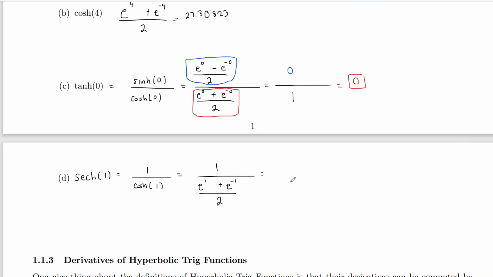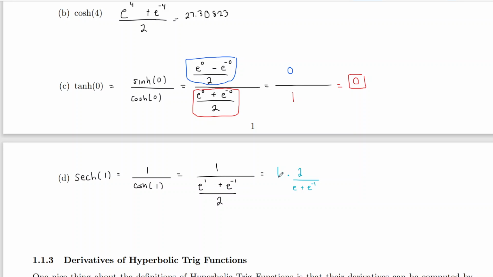Depending on how comfortable you are with it, you could type this in the calculator right now, or you could do keep, change, flip, get it as a single fraction, and then type it in. If you do keep, change, flip, the top part is just the 1. We change the big old division bar here to multiplication, and we flip the bottom fraction. The 2 goes on the top, and e to the 1, which is just e, plus e to the negative 1 on the bottom. You could write it as e to the negative 1 or 1 over e.